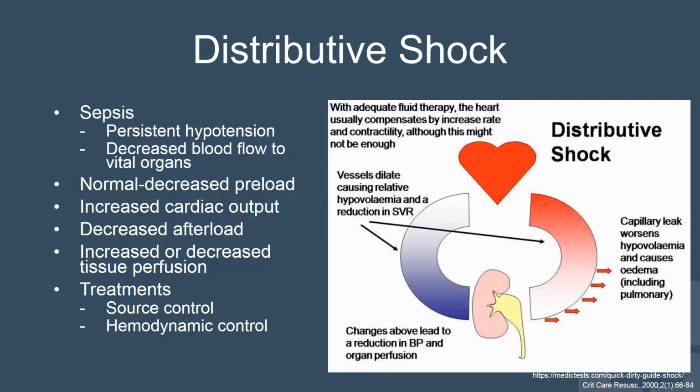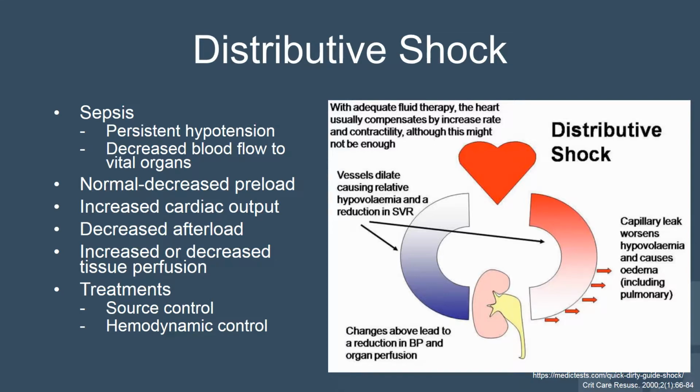And you may see increased or decreased tissue perfusion. As you have this systemic vasodilation, you may see an increase in tissue perfusion as a result of blood getting to all of the tissues, but then as a result of that systemic vasodilation over time, and inflammatory markers increasing and capillary leak worsening, we then start to see that decreased tissue perfusion, which leads to poor outcomes.